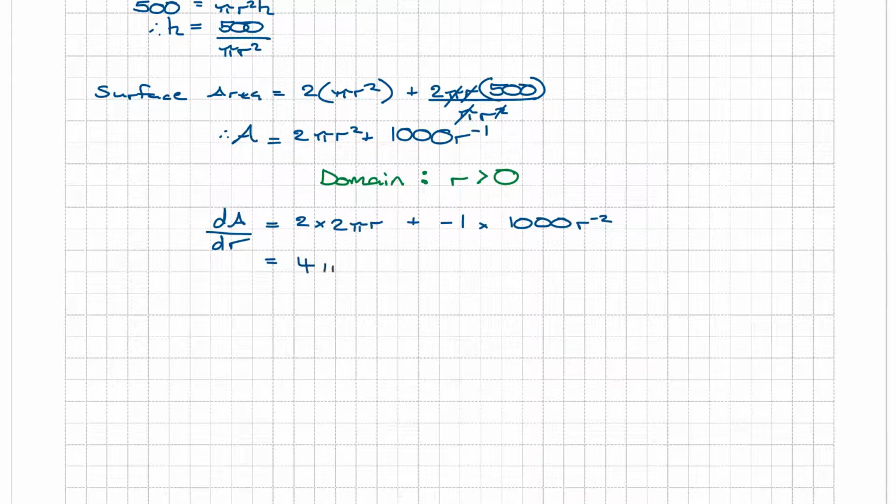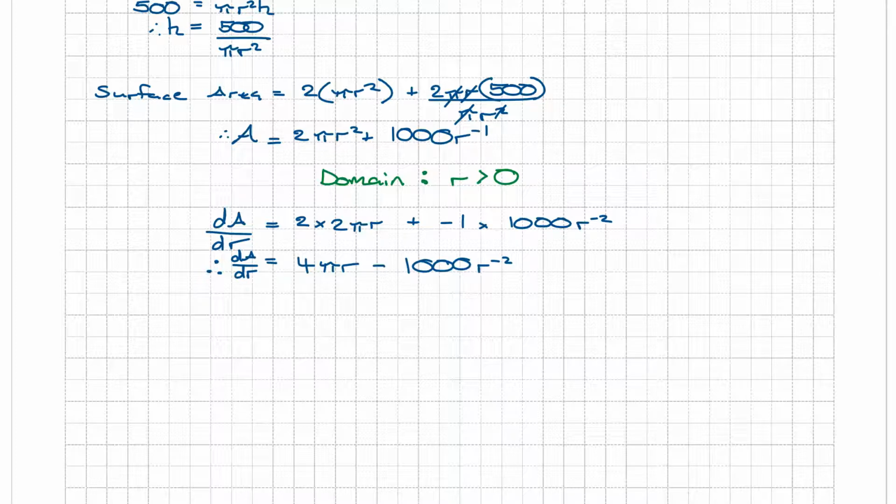That will become 4 pi r minus 1000 r to the -2. So dA over dr, the change in area with respect to the change in radius, is 4 pi r minus 1000 r to the -2.